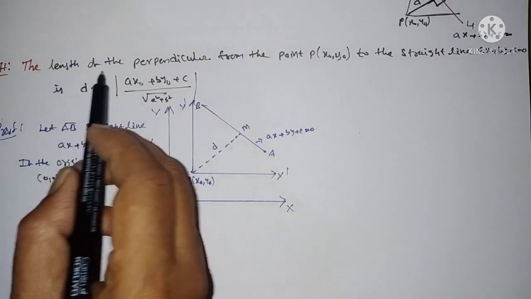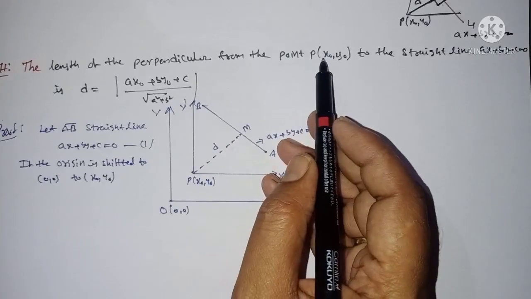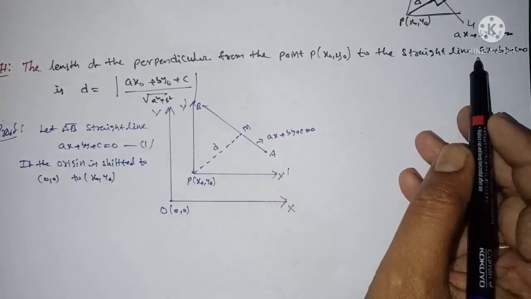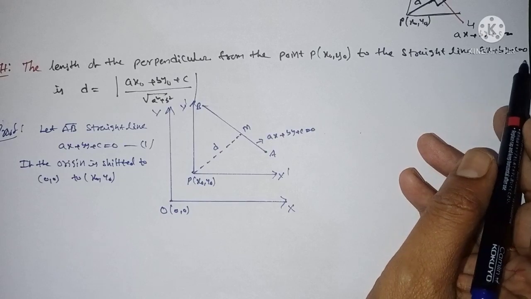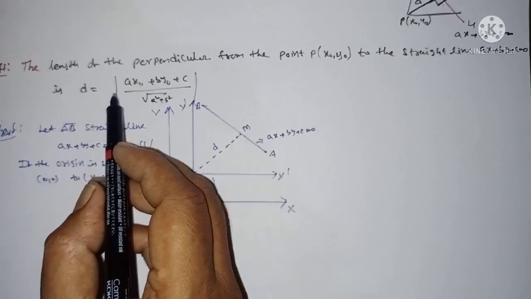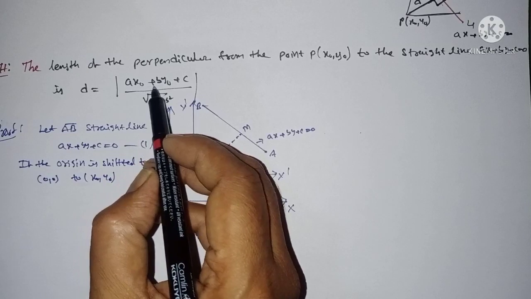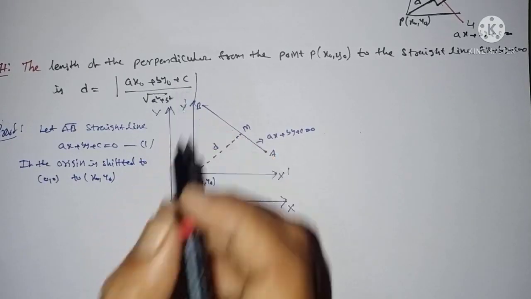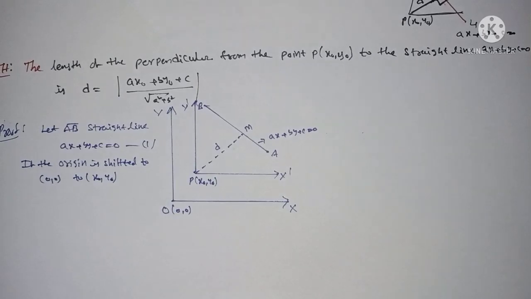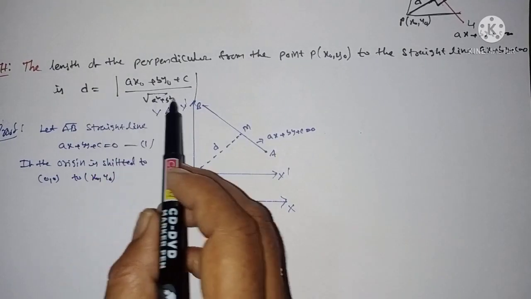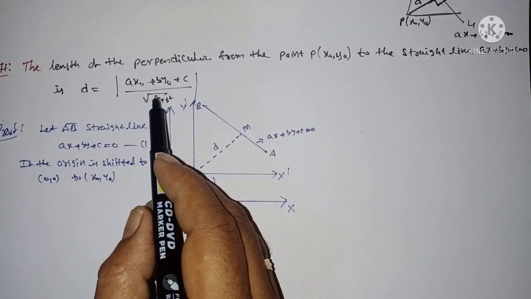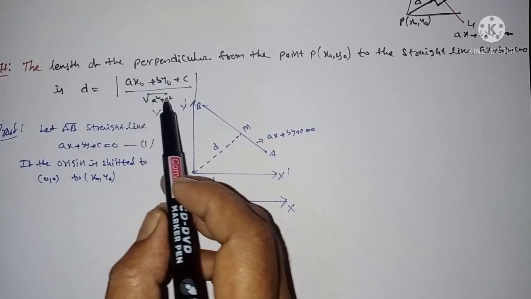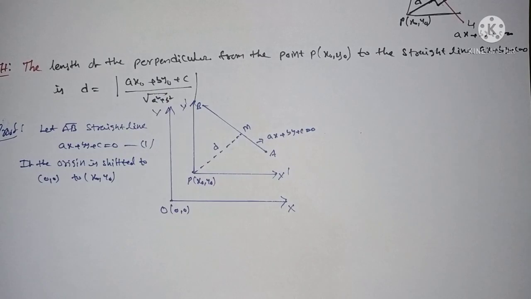Theorem: the length of the perpendicular from the point P of x0 comma y0 to the straight line ax plus by plus c is equal to 0 is d is equal to mod of (a x0 plus b y0 plus c) divided by the square root of a square plus b square. You have to prove this.